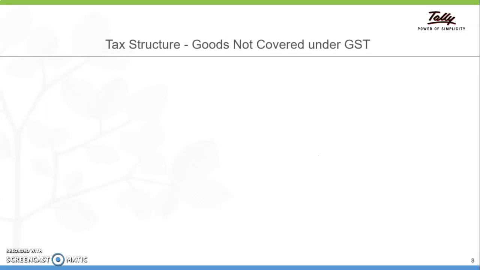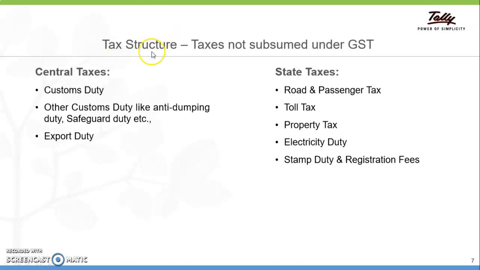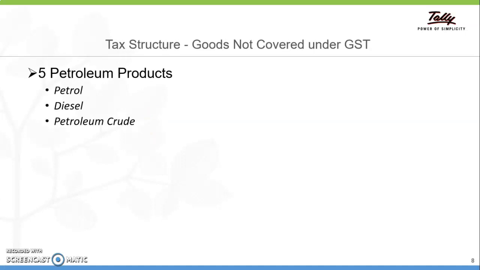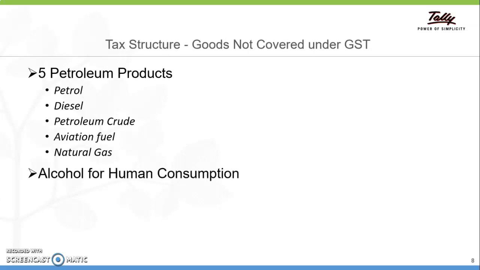Next, the tax structure: goods not covered under GST. Previously it was taxes not subsumed under GST, but now we are talking about goods. Which goods are not covered under GST? First, five petroleum products: petrol, diesel, petroleum crude, aviation fuel and natural gas are not covered under GST.